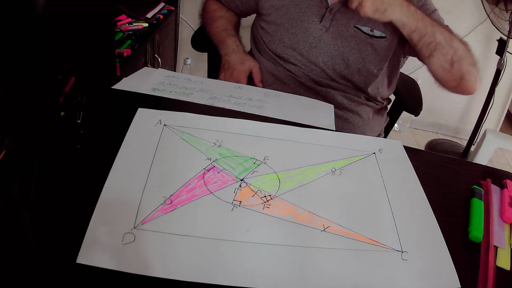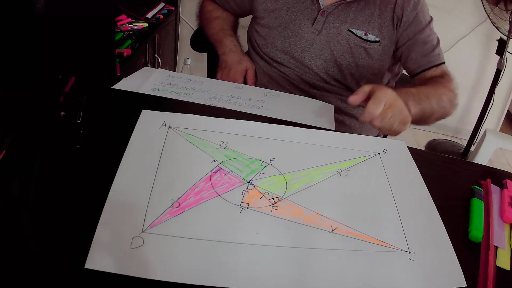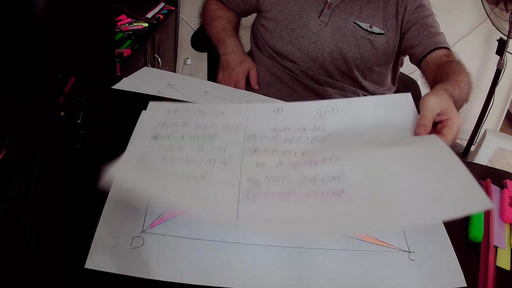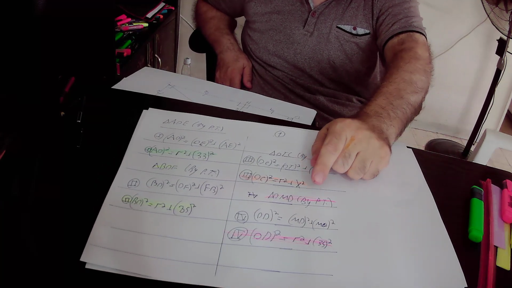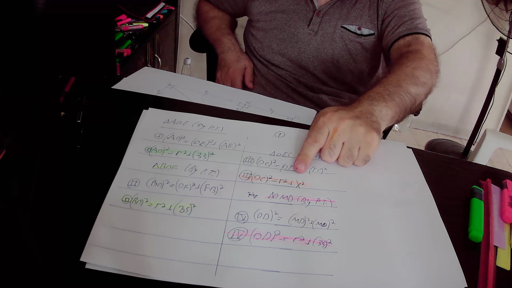OT is R, therefore OT square is R square. TC is X, therefore TC square is X square. So in conclusion, according to equation number 3, OC square equals R square plus X square.